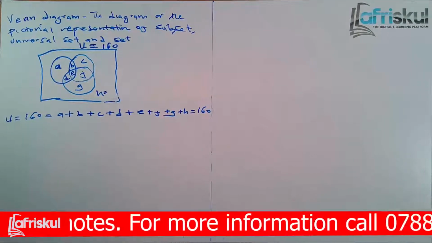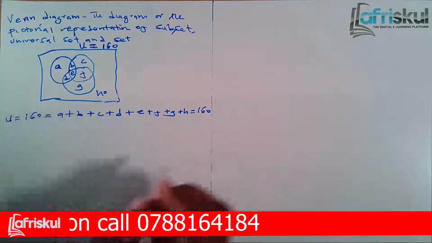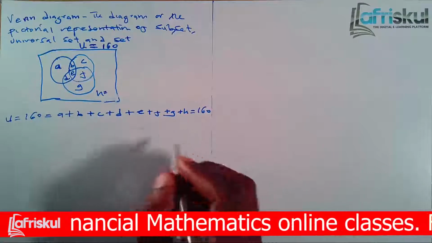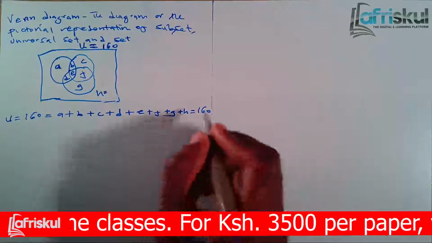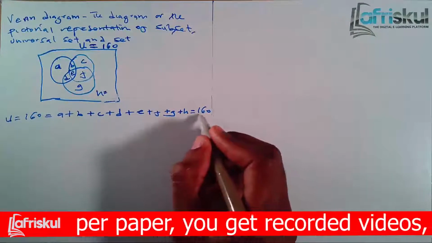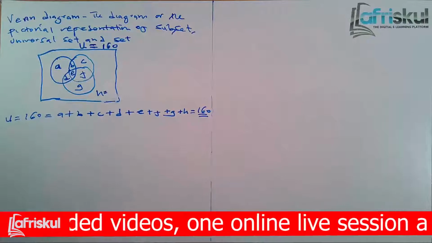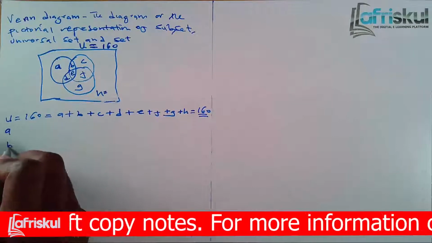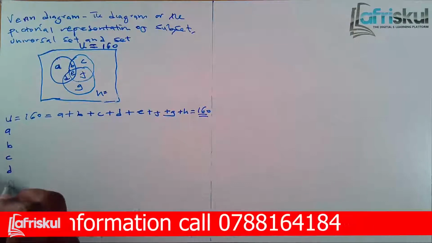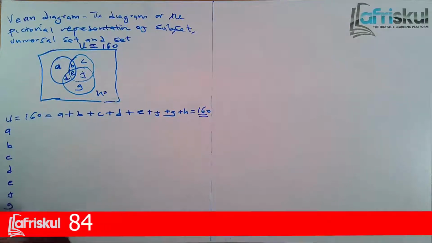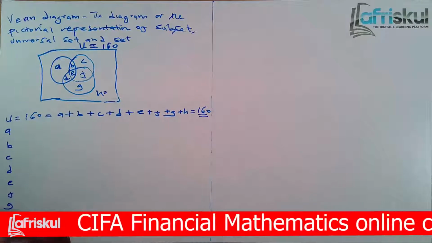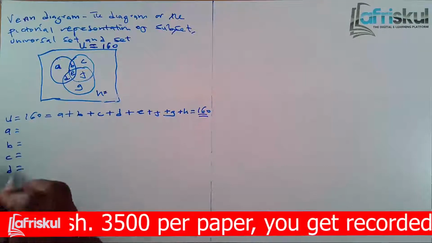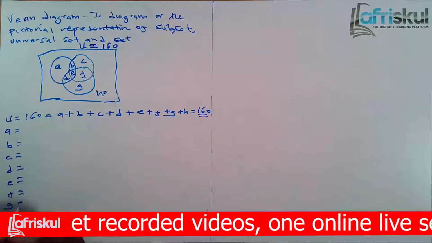The examiner requires you to find those unknowns A, B, C up to H, so that you are able to total them, giving you 160. Therefore, let's represent A, B, C, D, E, F, G, H, so that each one of them gets its total.